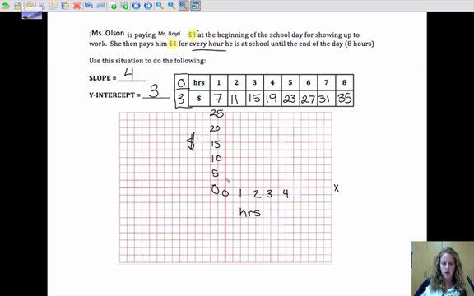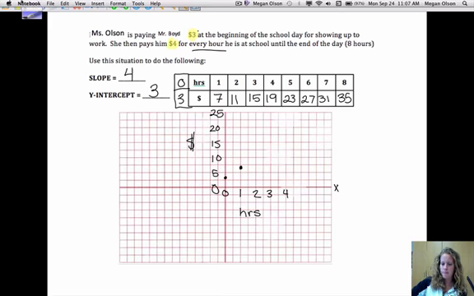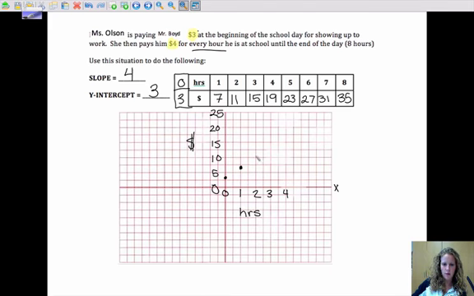And at 0, I know he gets $3. At 1 hour, he'll have $7. 2 hours, he'll have $11. Oops, I have that second dot a little high. 2 hours, he'll have $11. 3, he'll have 15.